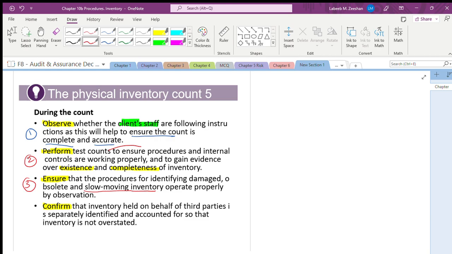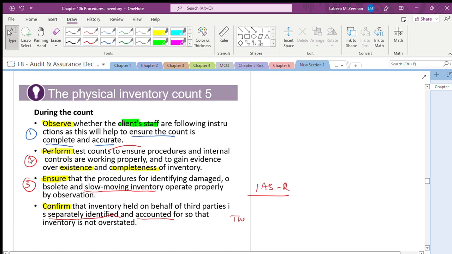Confirm that inventory held on behalf of third parties is separately identified and accounted for in the financial statements. When you are talking in terms of IAS 2, you are talking in terms of inventory; you have to say that in these third party locations, so many inventories are there.